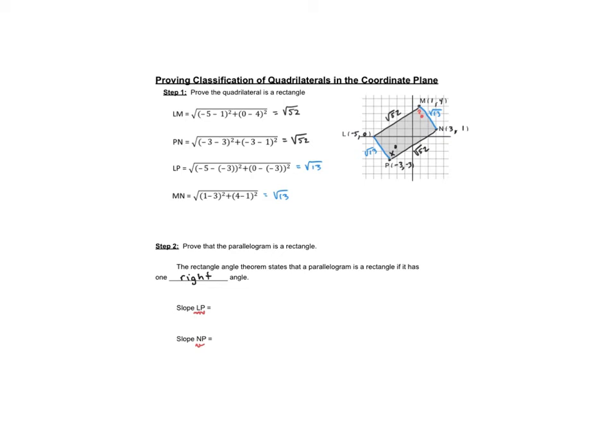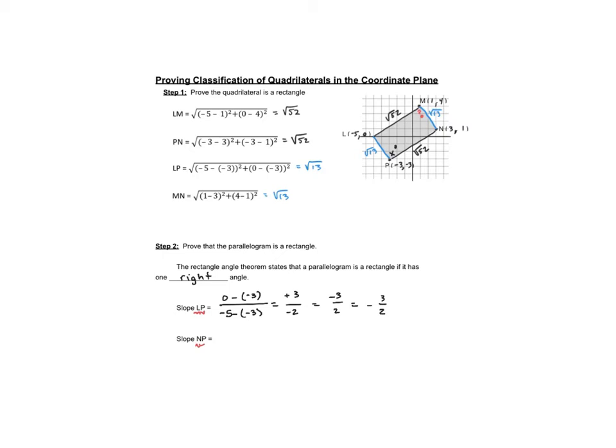So LP is going to be, let's see here, 0 minus -3, of course remembering your slope formula, over -5 minus -3, which becomes 3 over -2, which could also be -3 over 2. Often those darn negative signs tend to throw students for a loop.